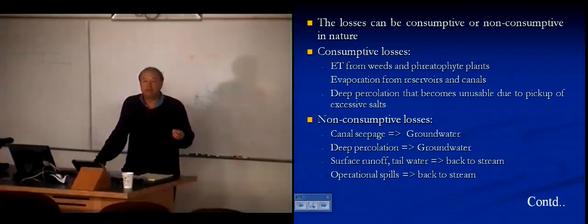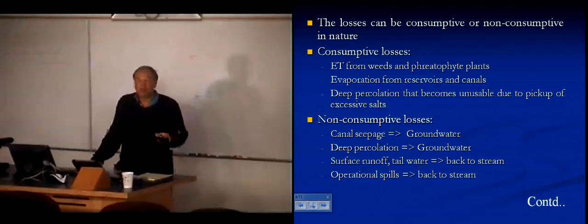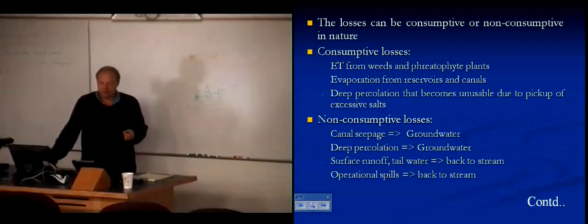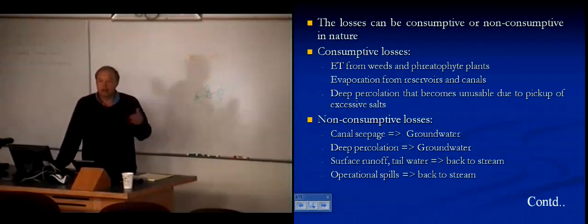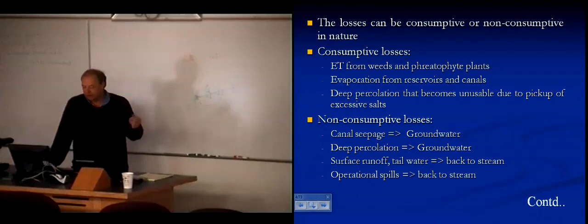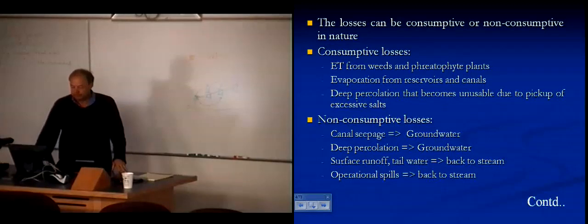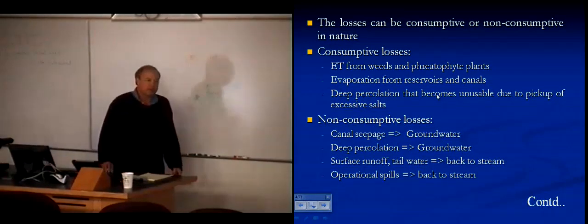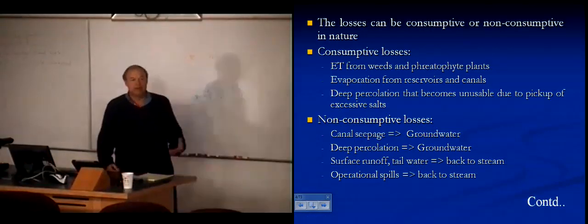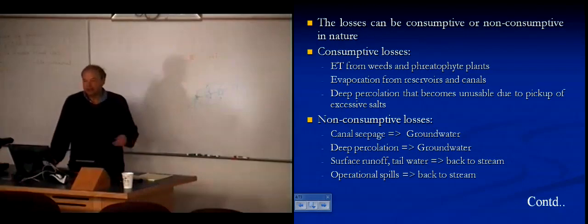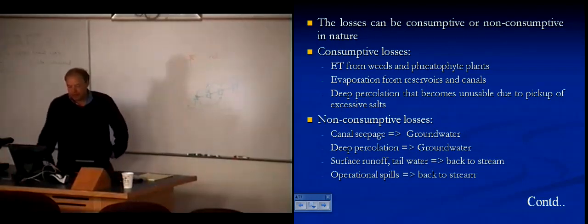You can have seepage moving out of the canal if it's an unlined earthen canal, as opposed to a lined concrete canal. You have some runoff that can flow into the canals. This is very common in Logan, where the city and the canal companies allow the city to dump some of their stormwater into the system, and that would be a runoff inflow into the canal system.